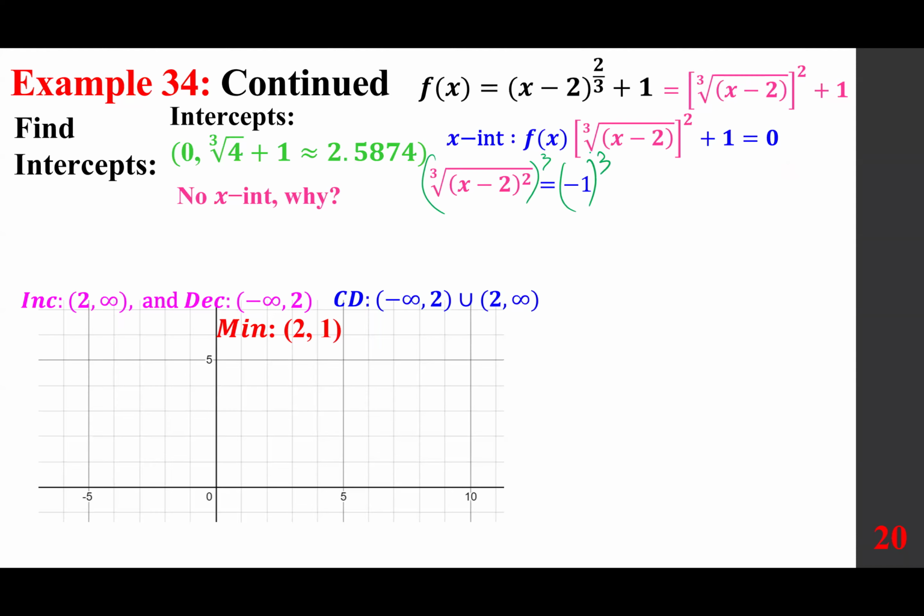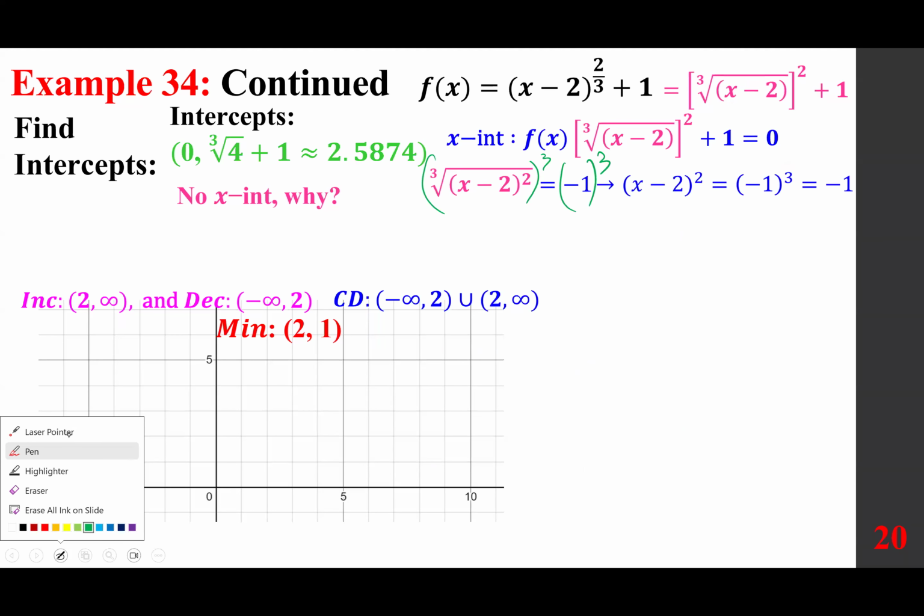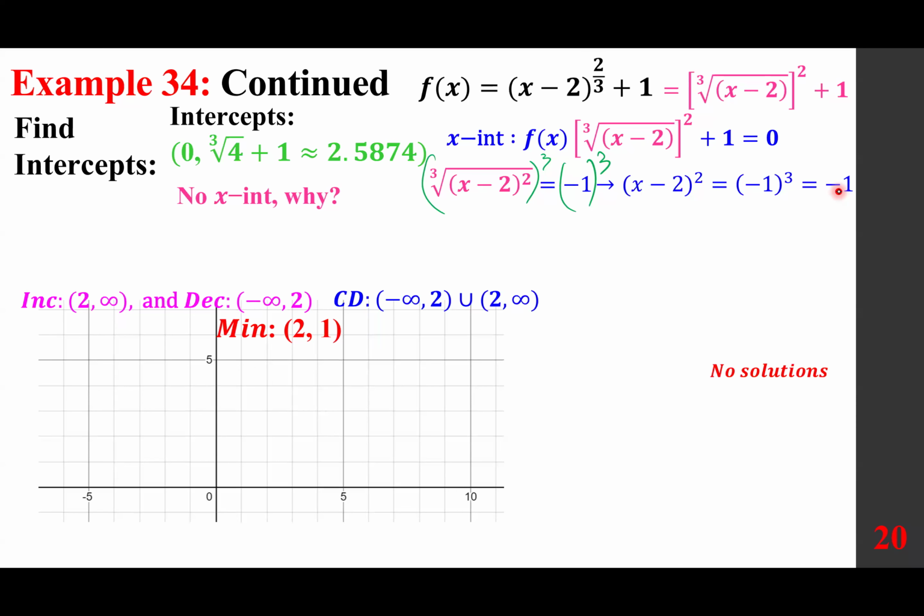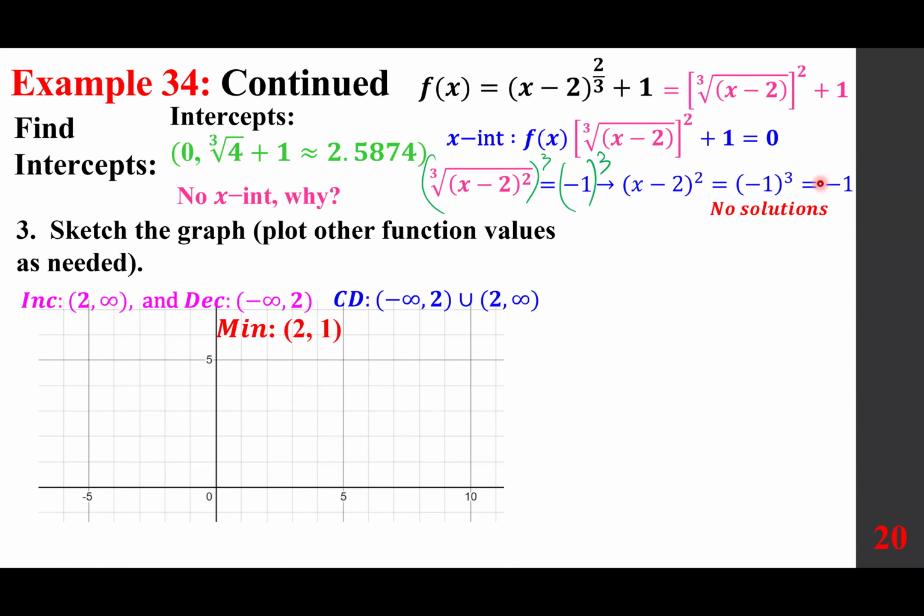Left side comes out as x minus 2 squared. Right side is minus 1. So we are claiming x minus 2 squared is negative 1. As you know, there is no solution because this is being raised to an even power, so it's positive. Worst case scenario is 0. So there is no solution. It will never be negative. There is no x-intercept.